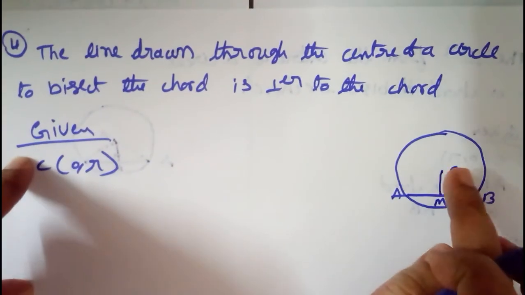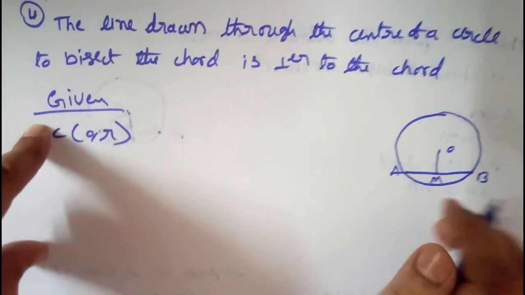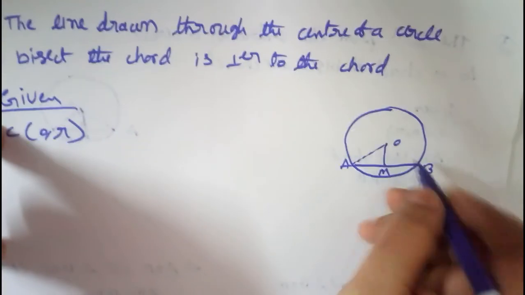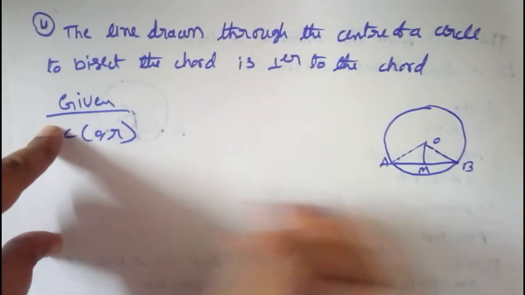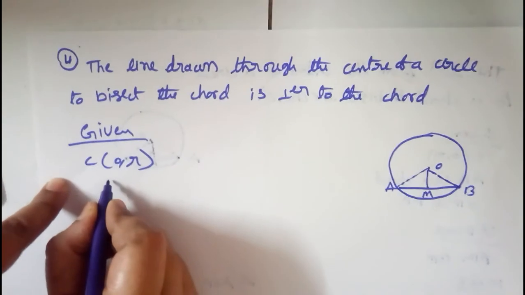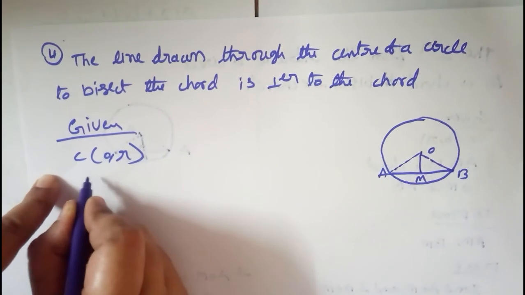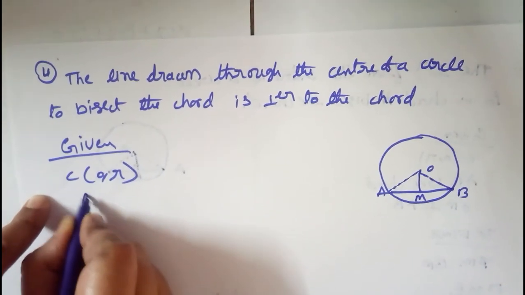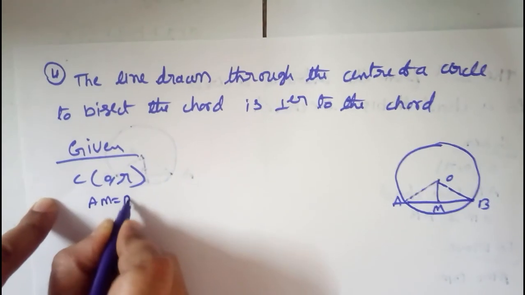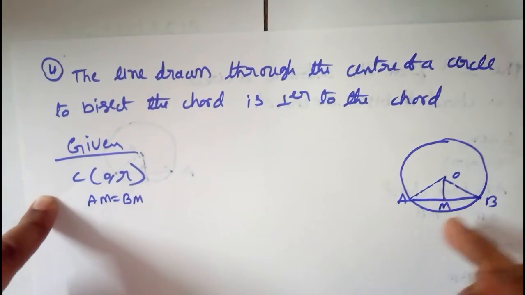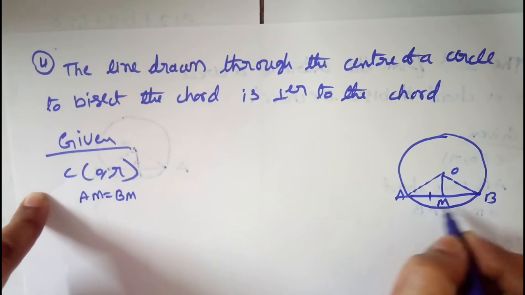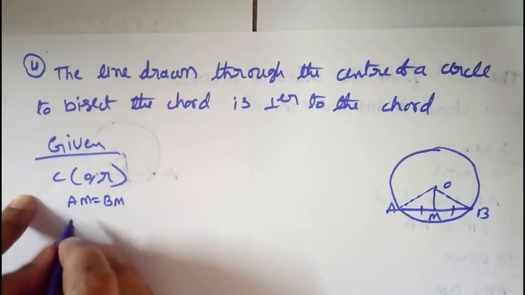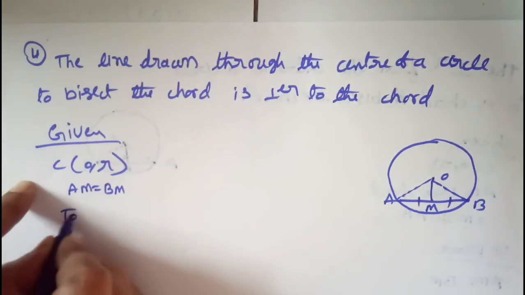So what is given? C is a circle, the center O, radius r units. Join OA, OB. OM bisects the chord means AM is equal to BM, given. What is to prove?